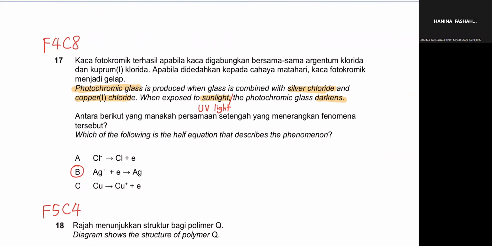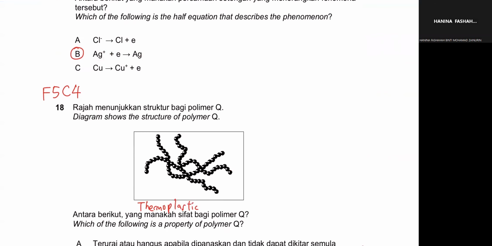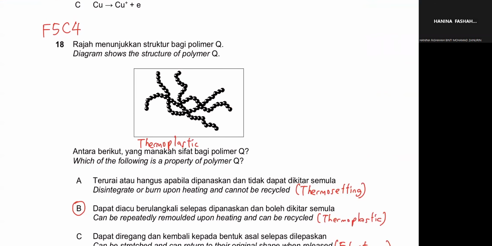It turns dark because silver chloride, silver ion becomes silver. The silver is gray color, will block the sunlight. At night time, the copper 1 chloride will help it to turn brighter again. What they talk about is photochromic glass, the darker means silver ion turns to silver. Question 18 is B.